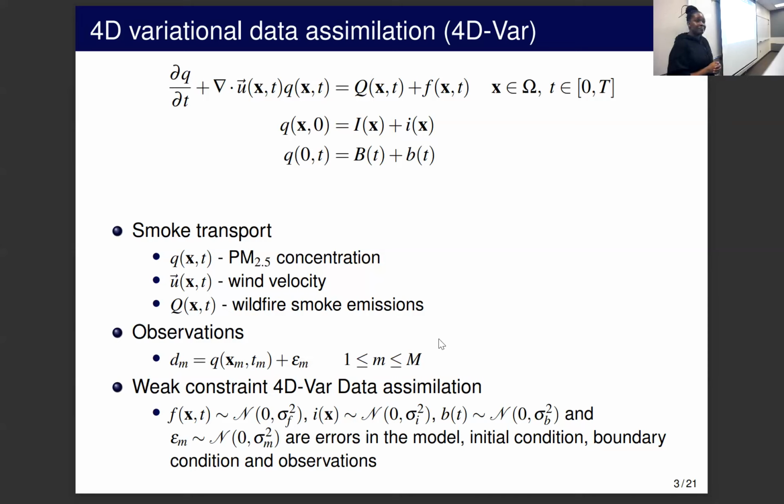Is it the product, like the divergence, U times Q? Yeah, there is a U times Q. I'm curious where you got the data from.